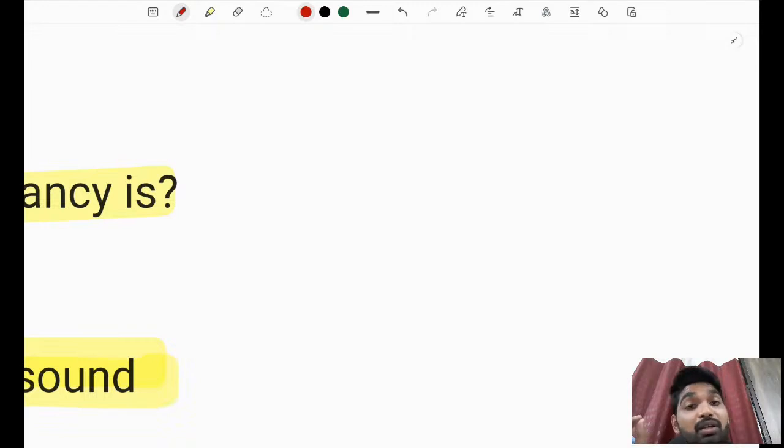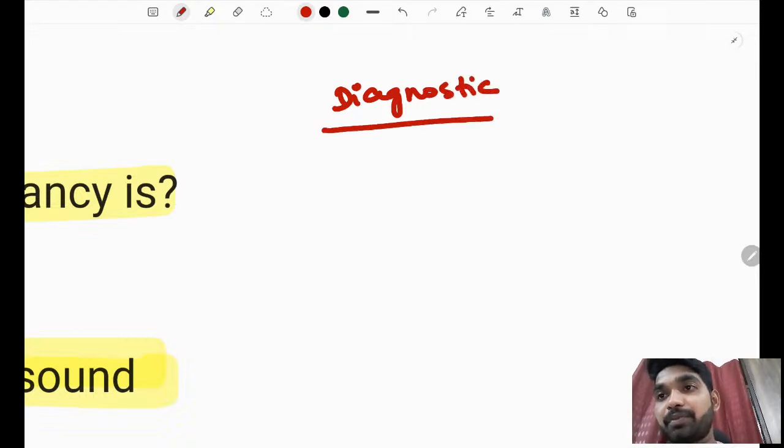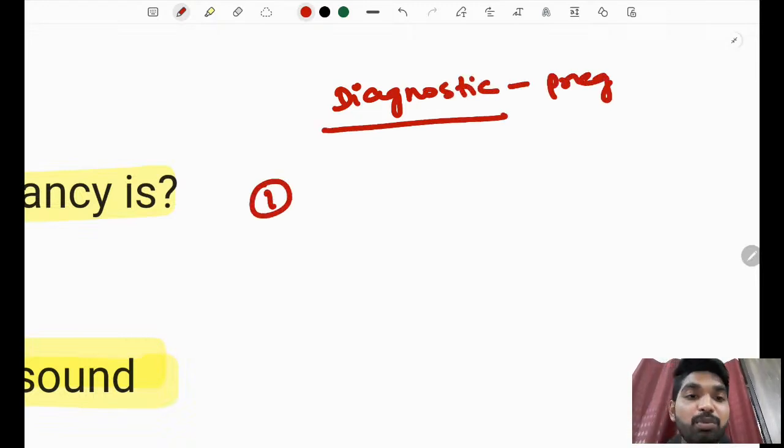This is not a diagnostic sign. Amenorrhea can be due to many things. Yes, diagnostic signs of pregnancy. Yes, as you said, it is ultrasound.